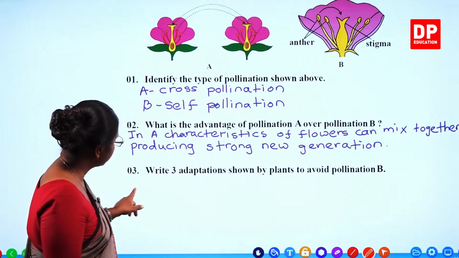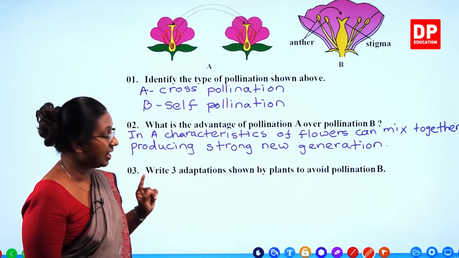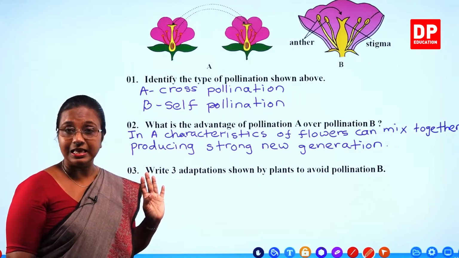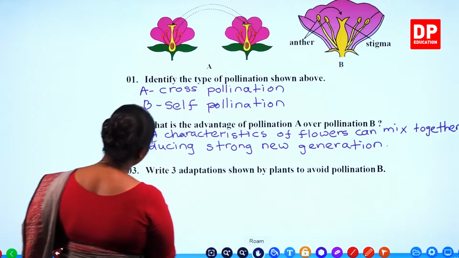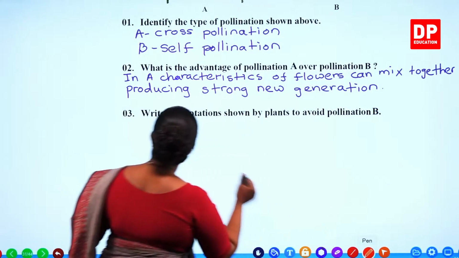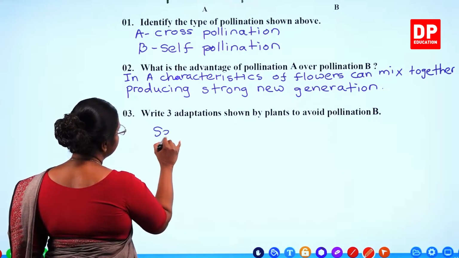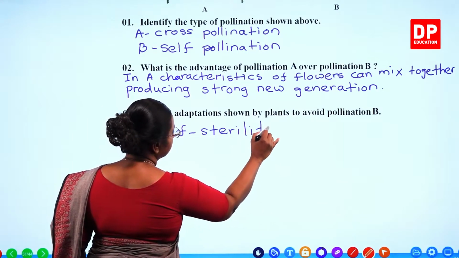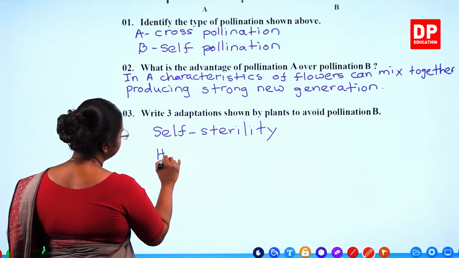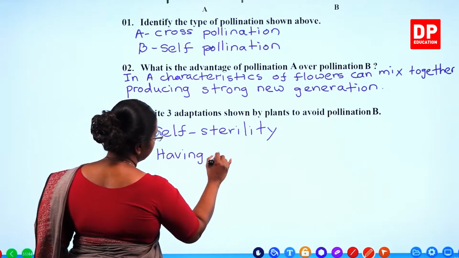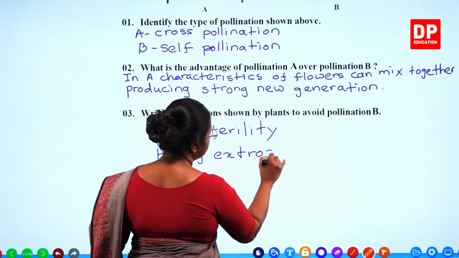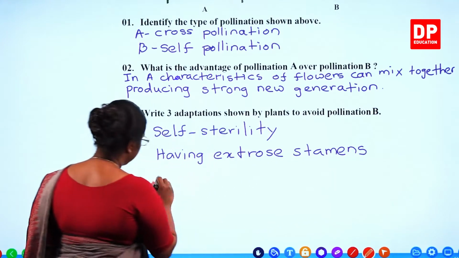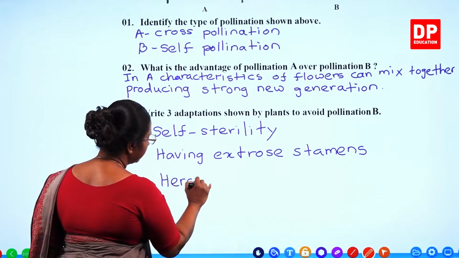So here we are supposed to write 3 adaptations shown by plants to avoid pollination B. So you just need to say what the 3 adaptations are. You don't have to explain them. So here I will write one, self-sterility, then having extrostamens, then we can say Hercogami.